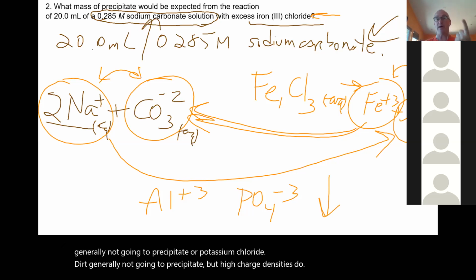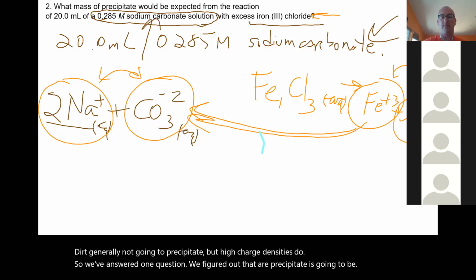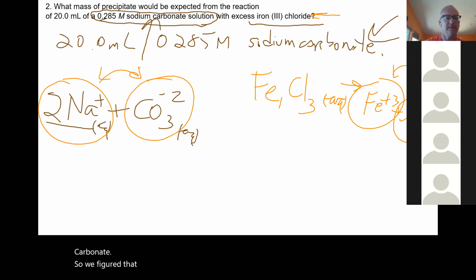So we've answered one question. We figured out that our precipitate is going to be iron carbonate. So we figured that part out. Yay. Now we need to figure out how much iron carbonate is going to form.